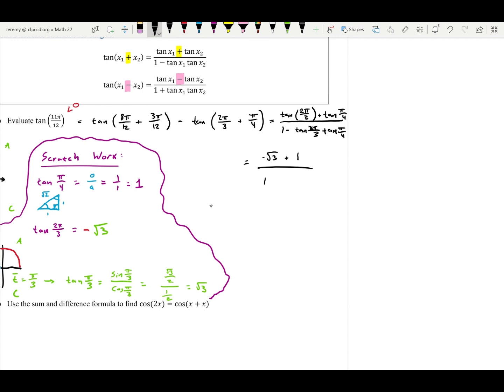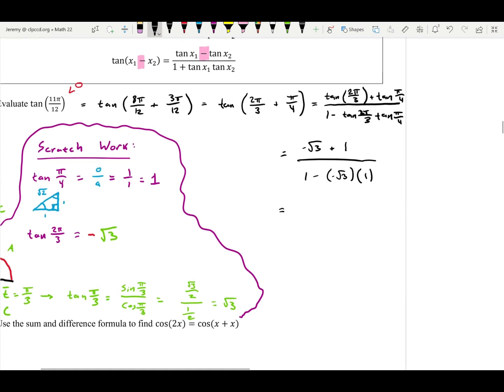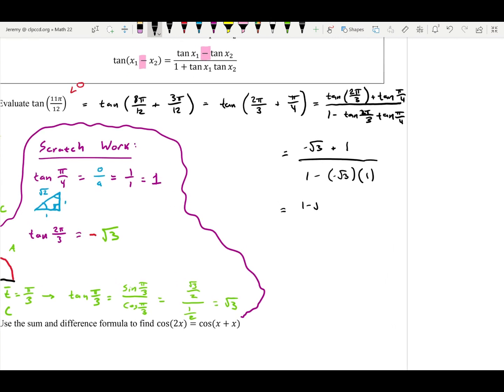Divided by 1 minus negative root 3 times 1, like that. Okay, and we'll just want to simplify that a bit. I might write this as 1 minus root 3 over 1 plus root 3.